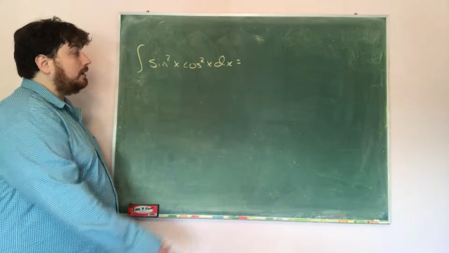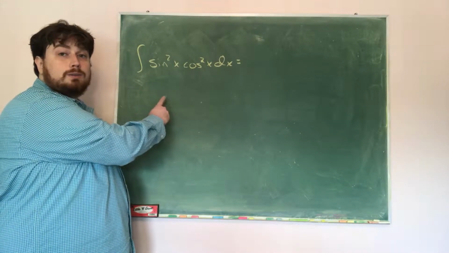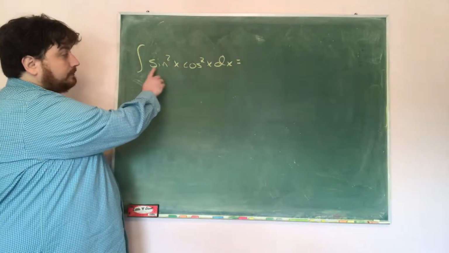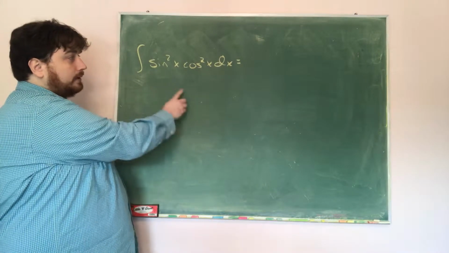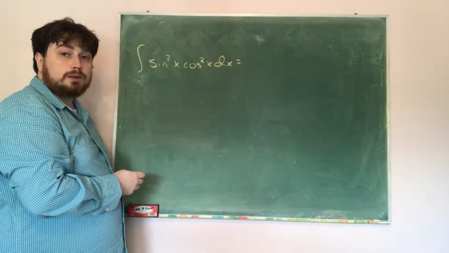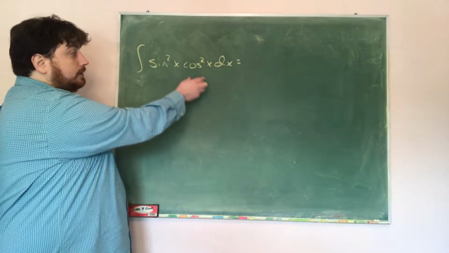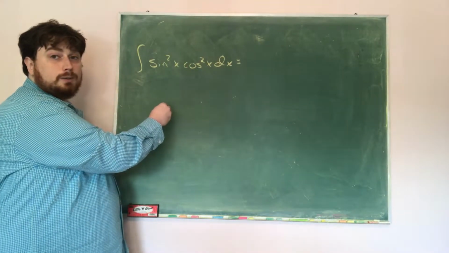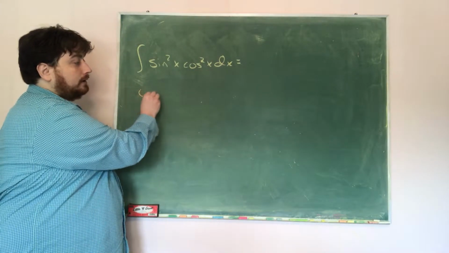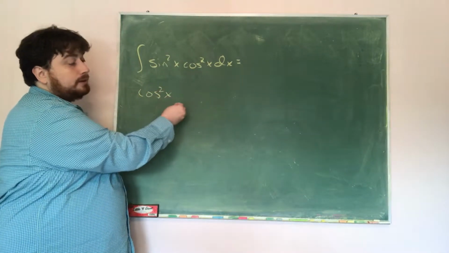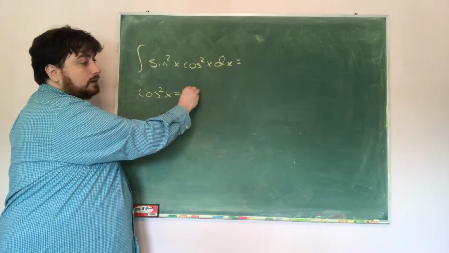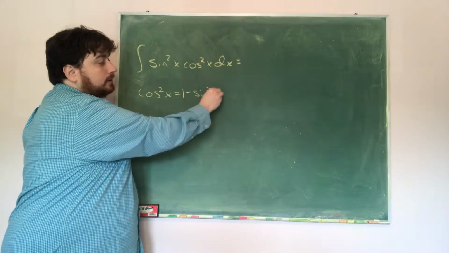The way we're going to do that is we can pick either one of these. I can write sine squared in terms of cosine squared, or cosine squared in terms of sine squared. I'm just going to choose to write cosine squared in terms of sine squared. Remember, cosine squared plus sine squared is 1, so cosine squared is just 1 minus sine squared x.